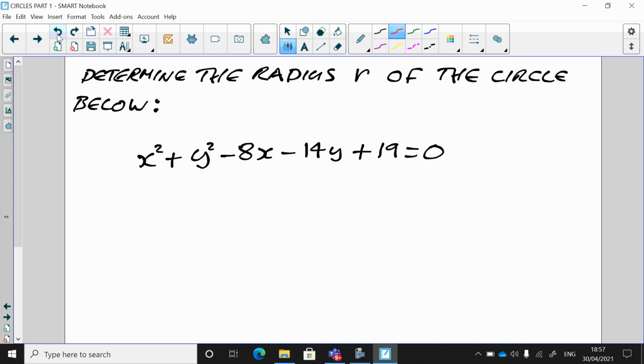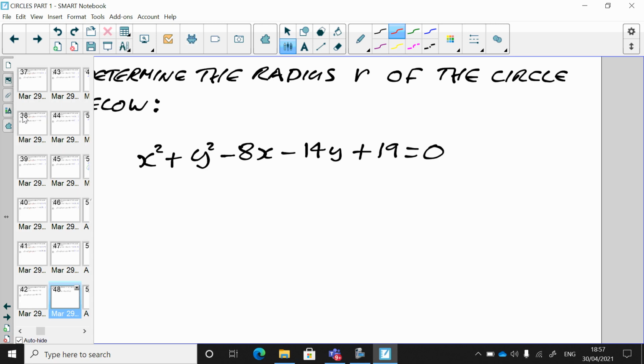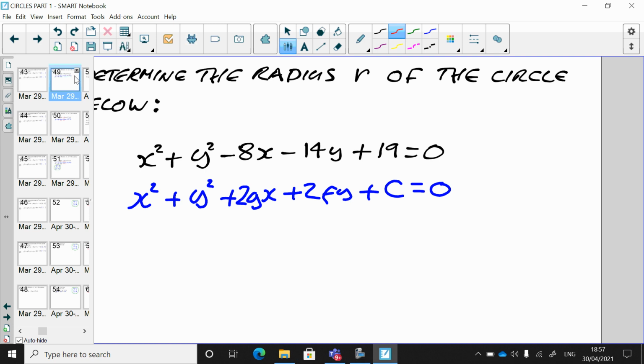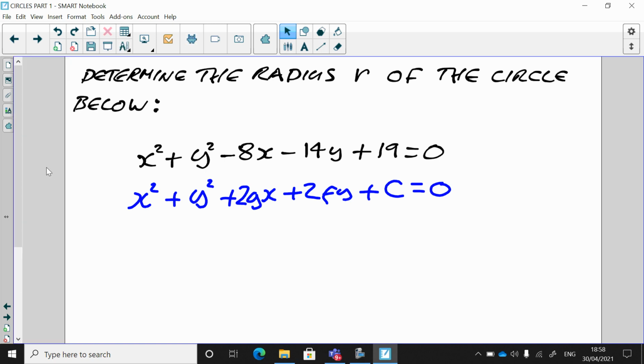Right, this time, go and get the radius of the circle below. X squared plus y squared. Right, okay. So what I'm doing here is I'm just comparing it to the format, the new form I've given you there.